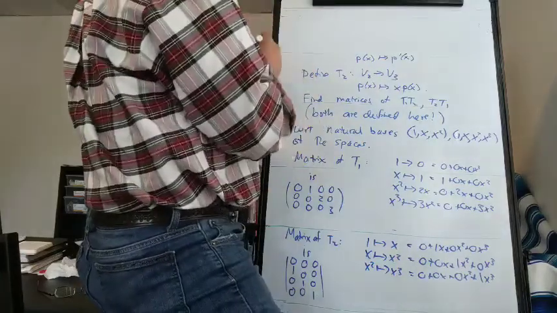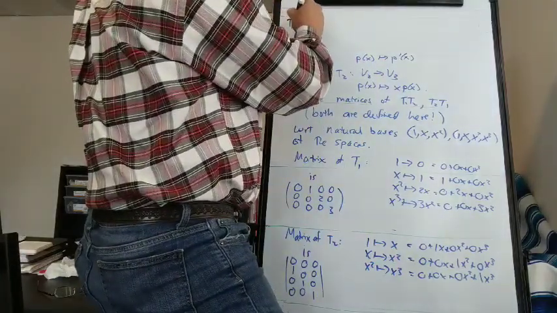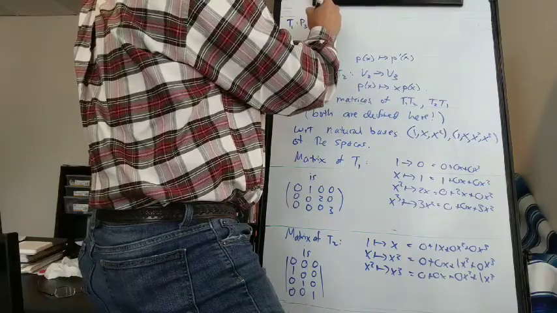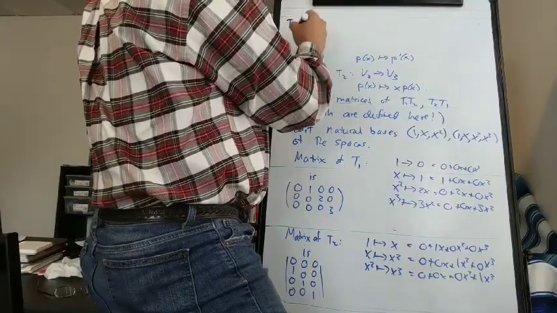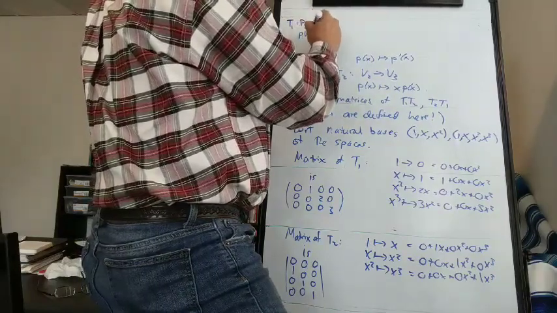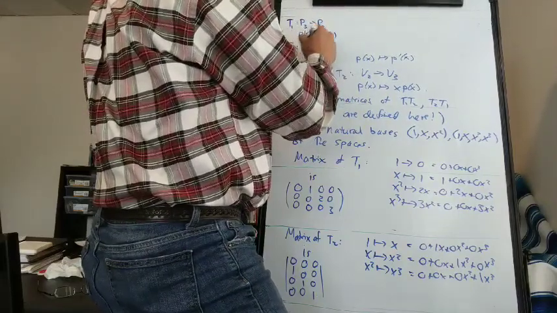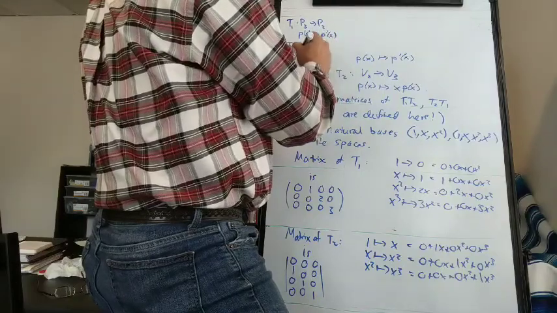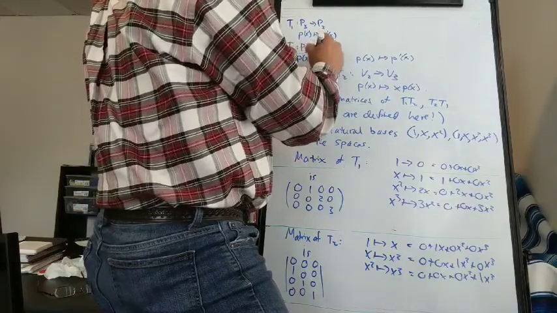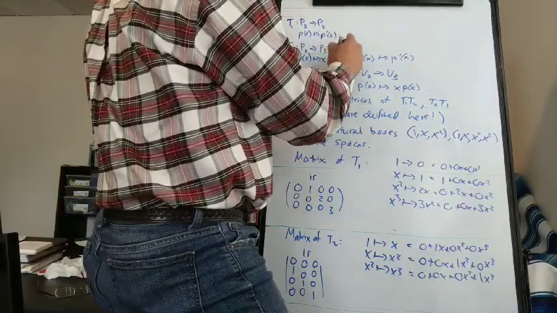Let me just note what these linear transformations are. T1 from P3 to P2 sends P of x to its derivative. T2 from P2 to P3 sends P of x to x times P of x.